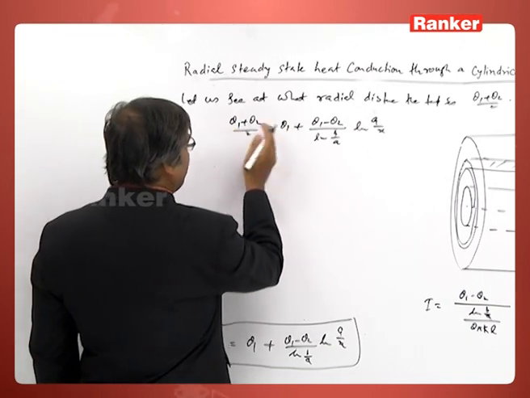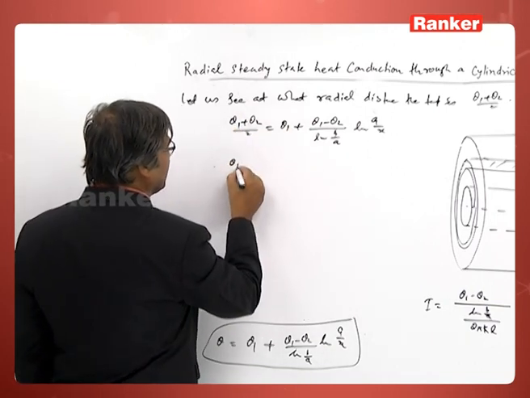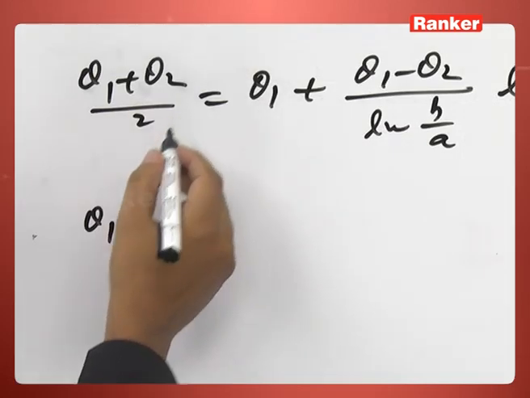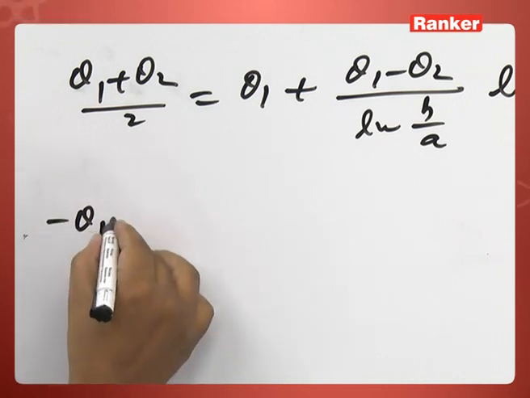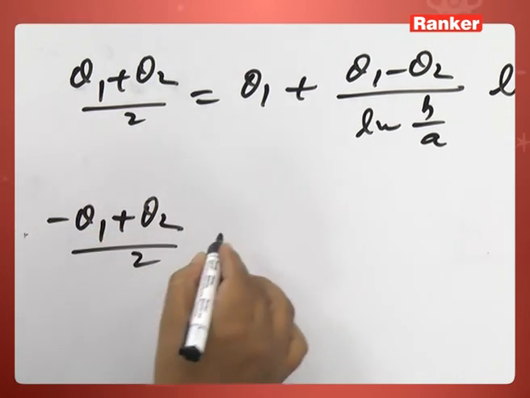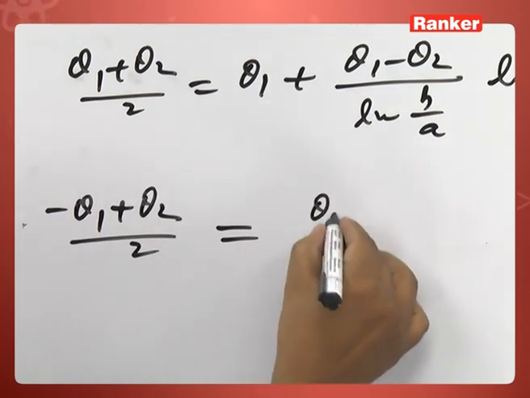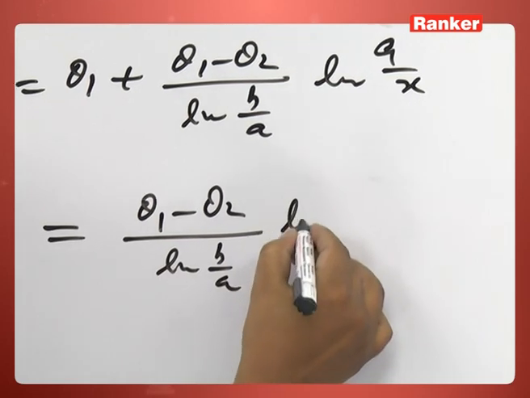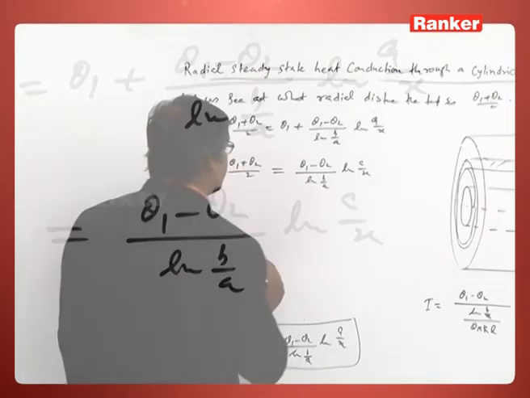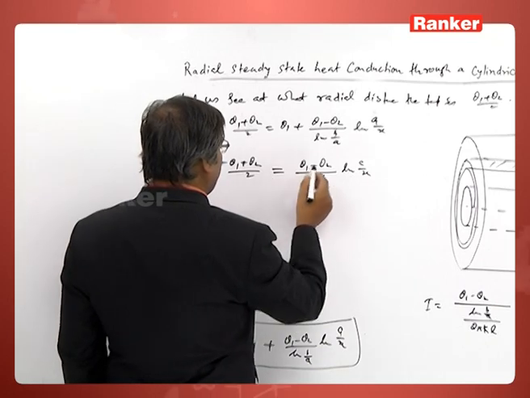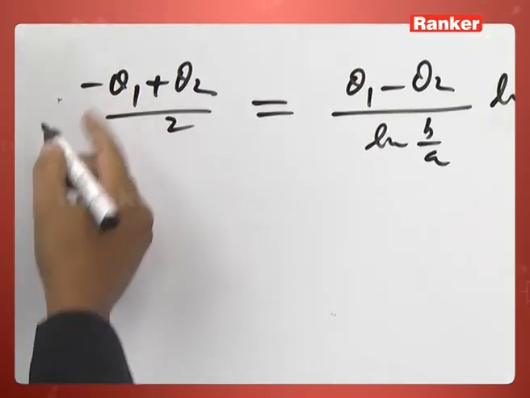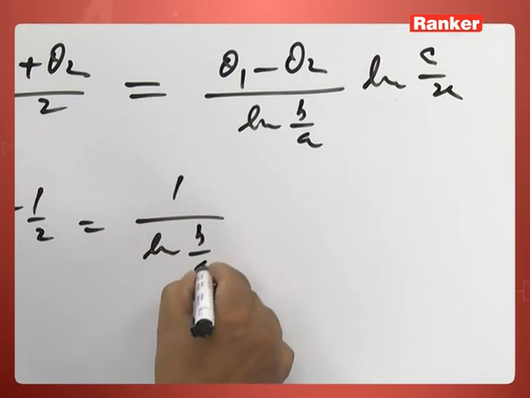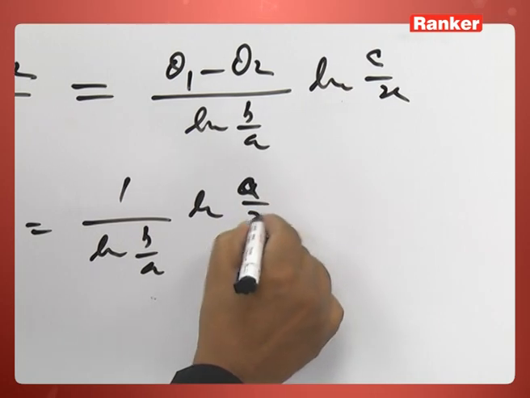So, you just see if I bring this minus, so it will be theta 1, here it will be theta 1 minus, so 2 theta 1, so here minus theta 1 plus theta 2 by 2 is equal to theta 1 minus theta 2 by ln B by A into ln A by x. So, here you see if I cancel it, there will be minus 1 by 2 is equal to 1 by ln B by A into ln A by x.